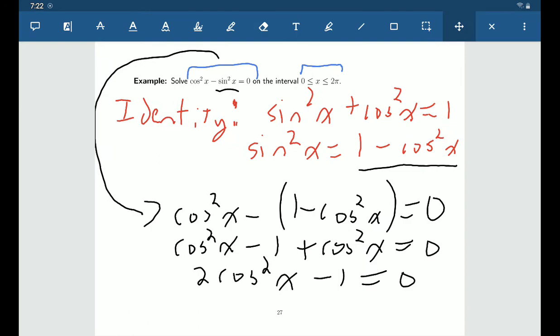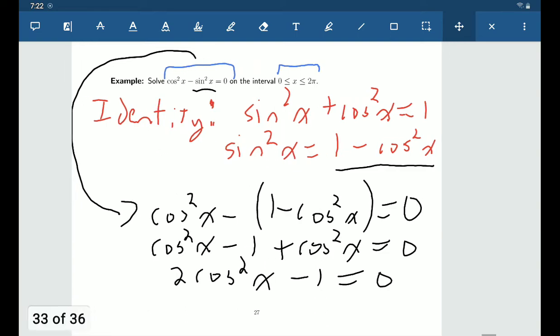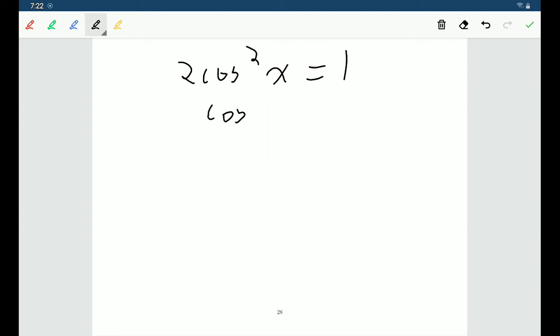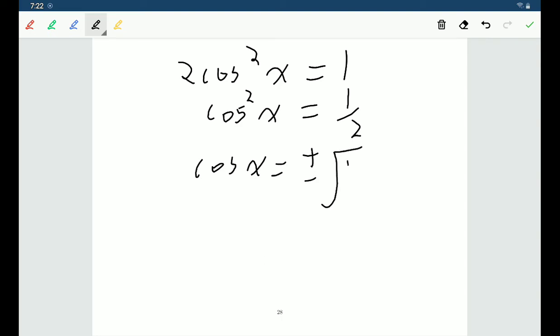We want to solve 2 cosine squared x minus 1 equals 0. And so next thing that I'll do is, as always, isolate my trig function, so that I would have 2 cosine squared x equals 1 when I bring the minus 1 to the other side. So cosine squared x is 1/2, or cosine x is plus or minus the square root of 1/2.